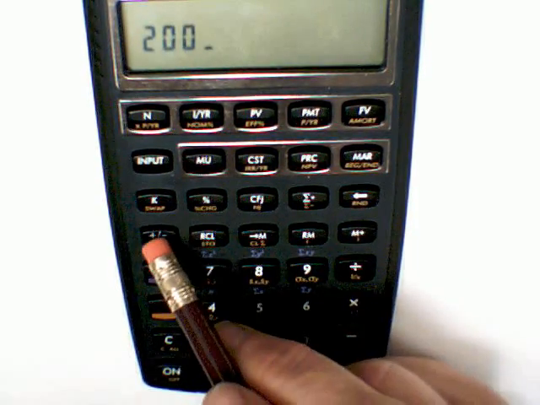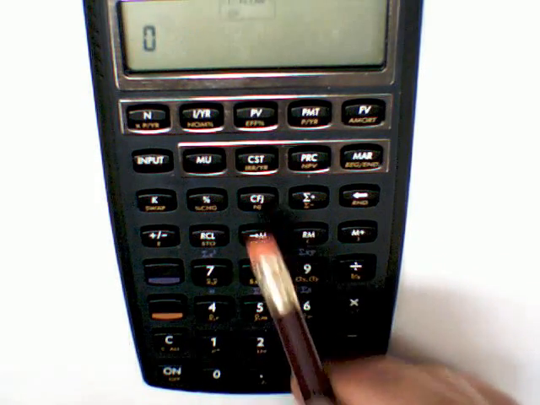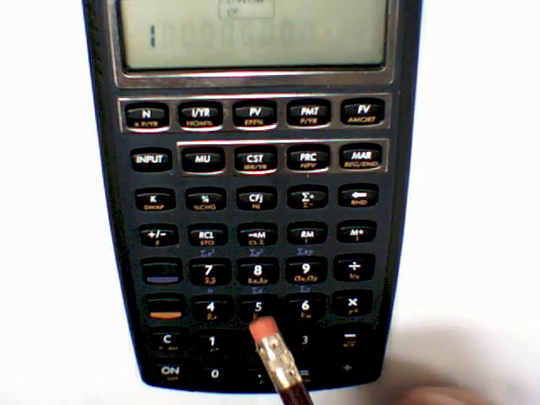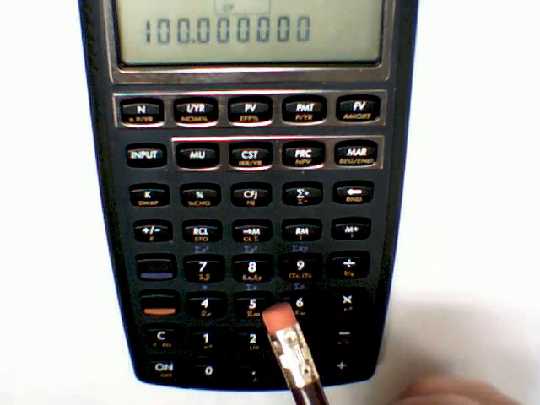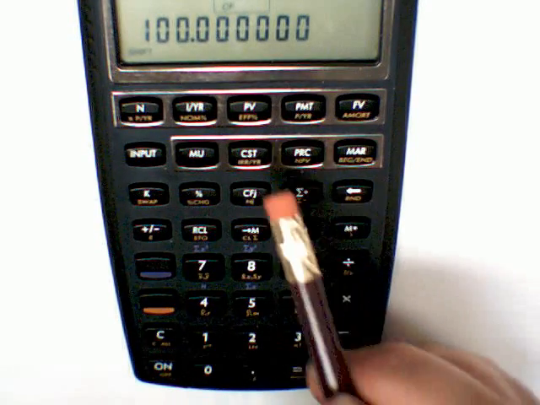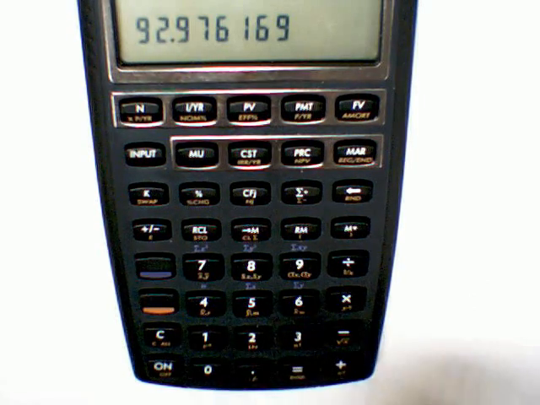So 200 is my initial cash flow. That's my initial investment. Hit my cash flow key, showing my first one. Then 100, 500, and 100. Then I hit my orange and my IRR key. That's a 92% return. Pretty nice return on those cash flows.